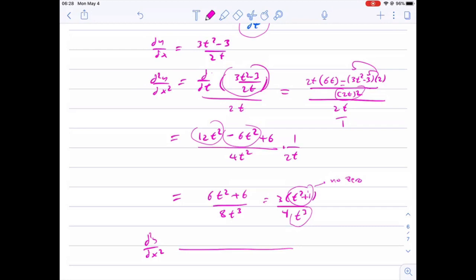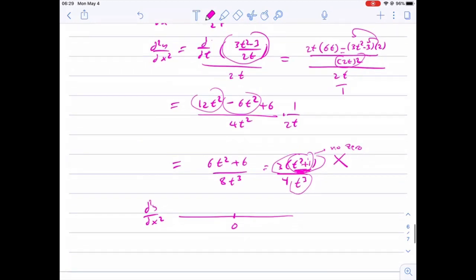The second derivative is equal to 0 if the numerator is equal to 0, but that's impossible because we have the sum of two squares, t squared and 1, and that doesn't have a solution in the real numbers. So we don't need to worry about the numerator. What is the 0 of the denominator? The value of t that makes the denominator equal to 0 is 0.